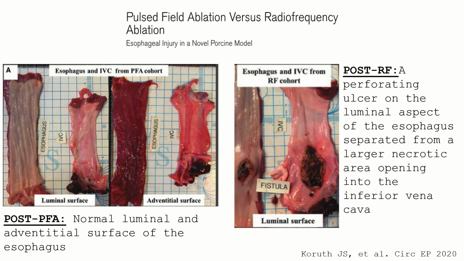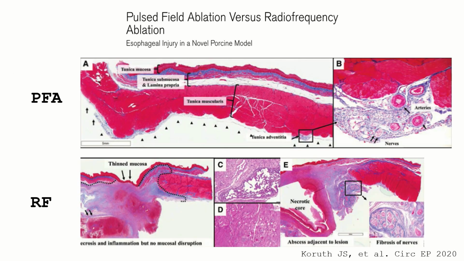Collateral damage to adjacent tissues, I will not eternize myself on this. PFA creates minimal or no lesions to adjacent tissues. These are direct applications of energy on the esophageal tissue, directly showing that RF energy creates ulcers, creates damage. PFA does not create anything. This is the histological cut of that esophagus. Of course, it's experimental.